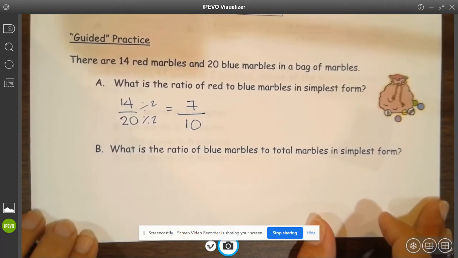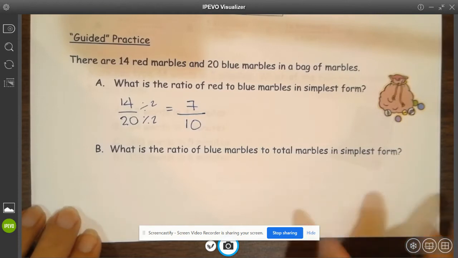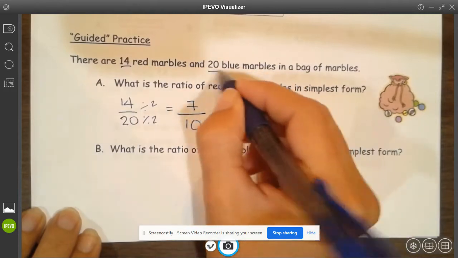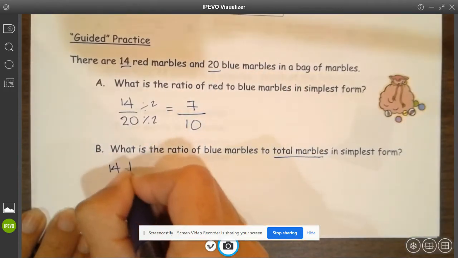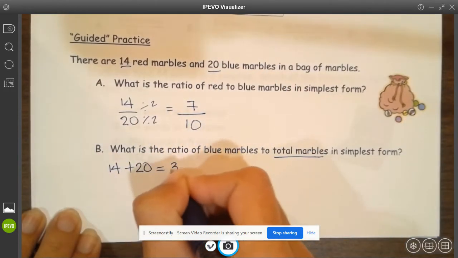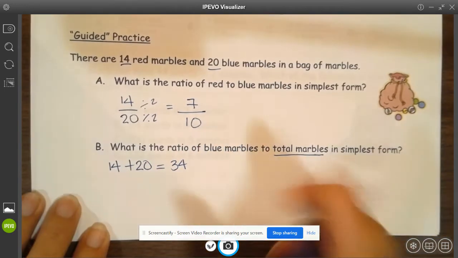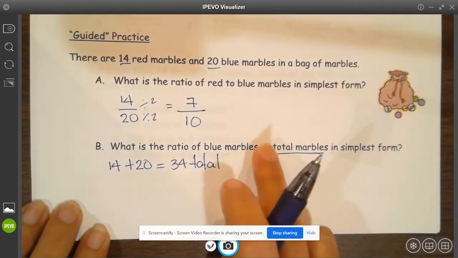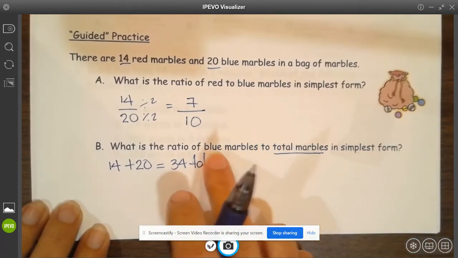B, what is the ratio of blue marbles to total marbles? How many total marbles are there? Well, we're going to have to add. 14 plus 20 is 34 total. Okay, and then we can do our ratio, blue to total.